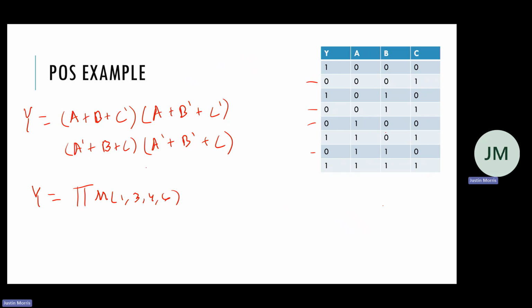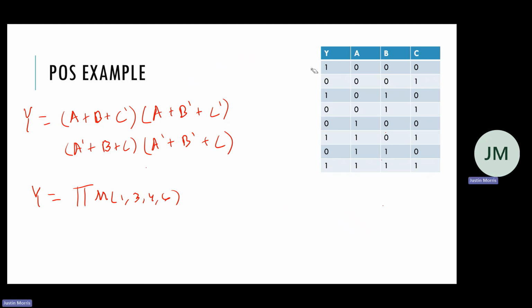So I wouldn't say that it means the result is that, but that's what you're looking at in terms of the row. If I wanted to express this in min terms, I would look at the rows where the output is 1. And if I'm expressing it in max terms, I'm looking at the rows where it's 0.